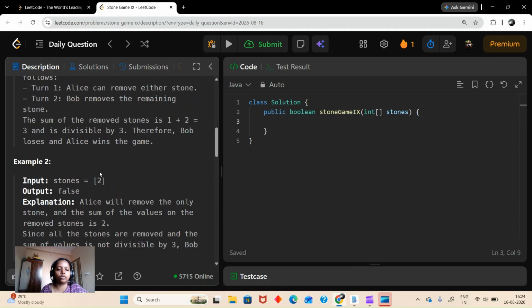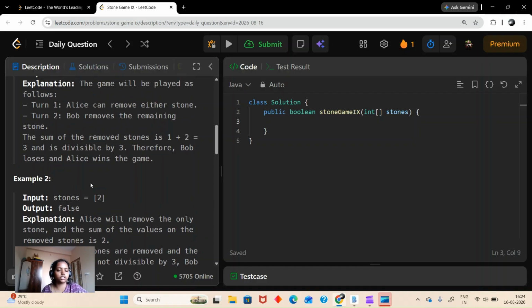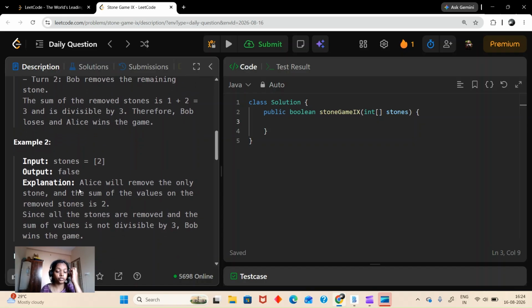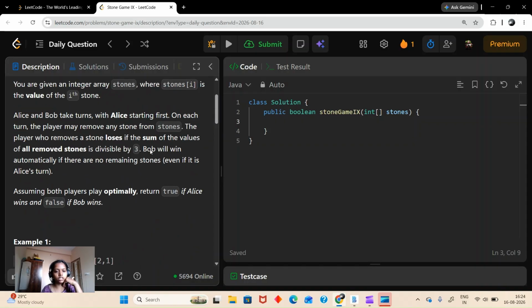For the stones array of 2, Alice takes the 2, which is of course not divisible by 3, but since all the stones are removed and the sum of values is not divisible by 3, Bob wins the game. Yes, it is written here: Bob will win automatically if there are no remaining stones, even if it is Alice's turn.